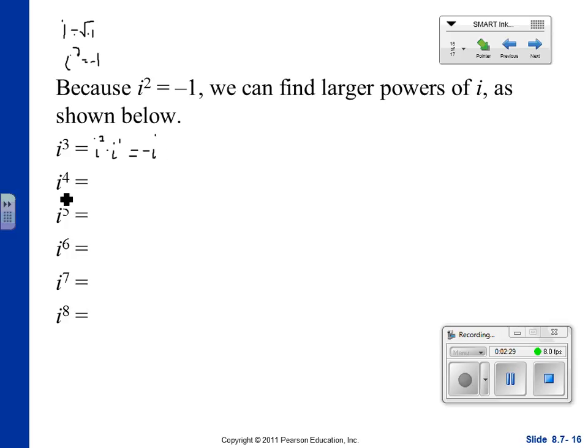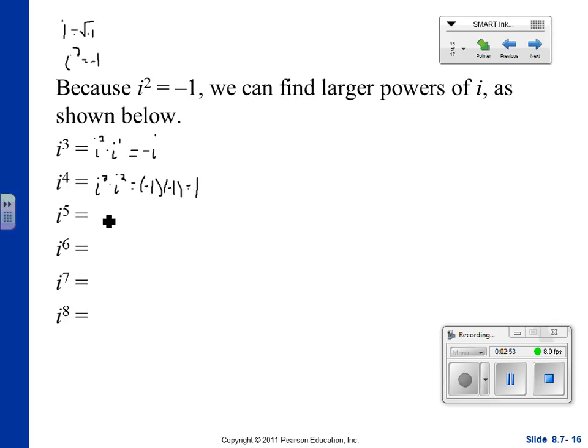Now let's continue the pattern. If we have i to the 4th, we can write that as i squared times i squared. But we know i squared is just negative 1, so this is just saying negative 1 times negative 1, which is just positive 1. So i to the 4th is 1.